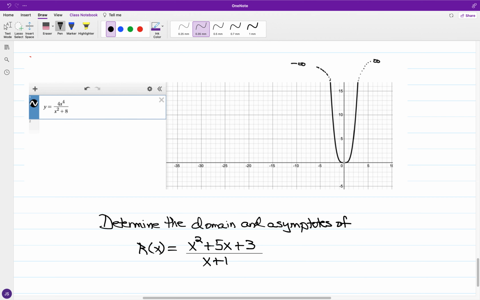So let's see what we get for the domain and the asymptotes. R of x is equal to x squared plus 5x plus 3 all over x plus 1.